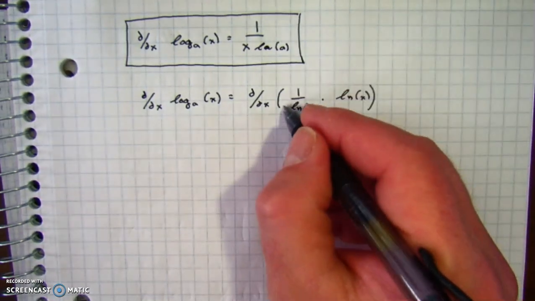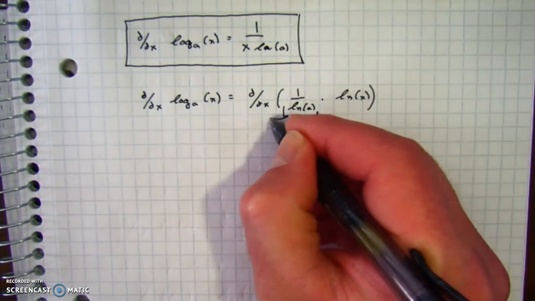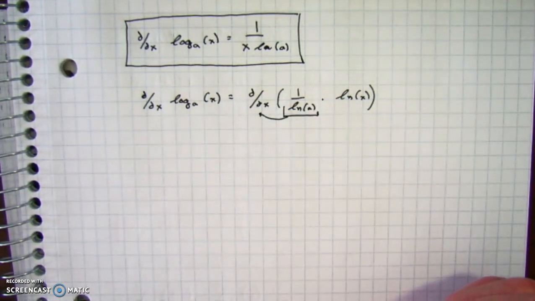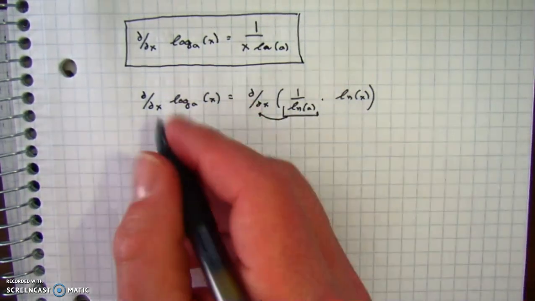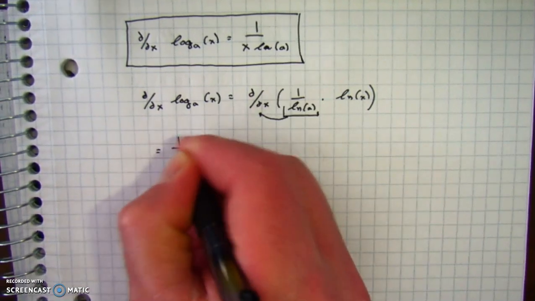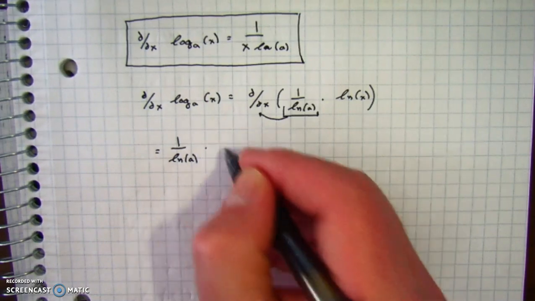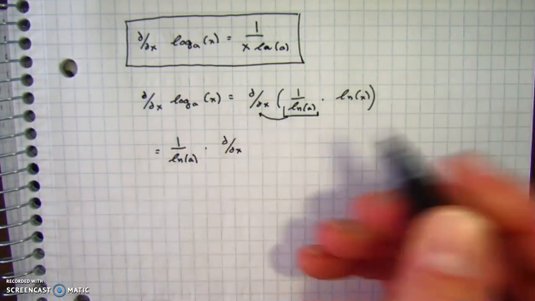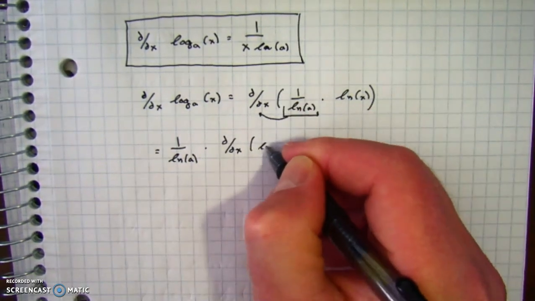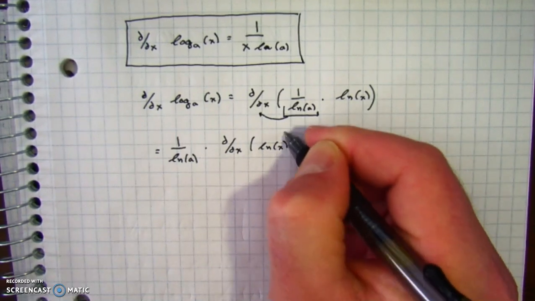All right, so this 1 over natural log of a, that's just a constant, so I can pull that out in front. So I've got 1 over the natural log of a times d/dx of the natural log of x.